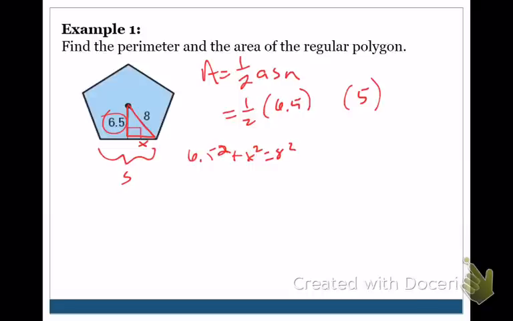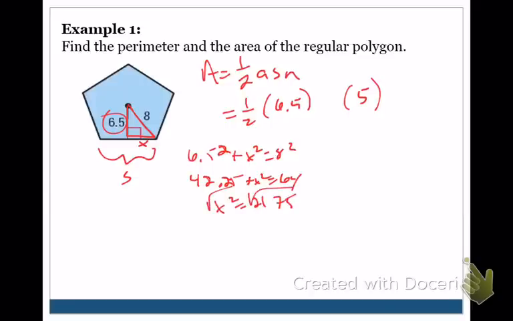So, we do the math here. All right, let's see, 6.5 squared is 42.25, and then we subtract that from 64. Right, so then x squared is going to be equal to 21.75.